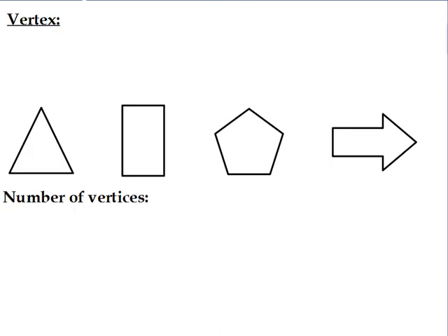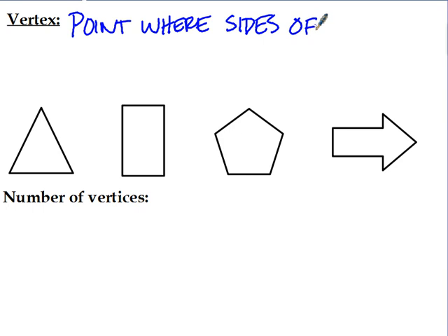The next definition to talk about is a vertex, and a vertex is just the point where sides of a polygon meet.